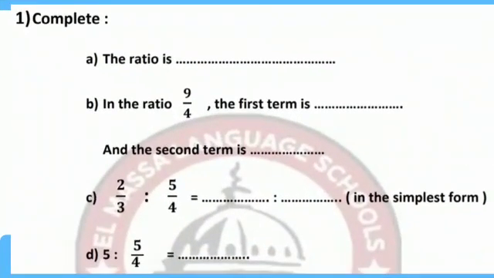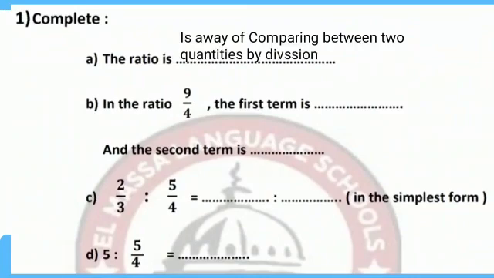Number 1. A. The ratio is a way of comparing between two quantities by division. B. In the ratio 9/4, the first term is 9 and the second term is 4.